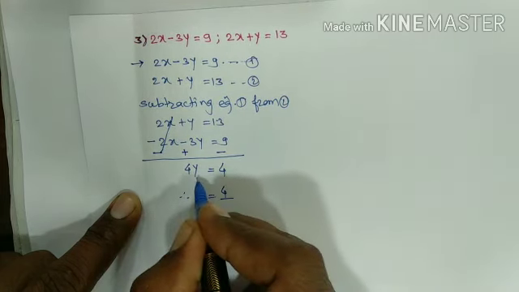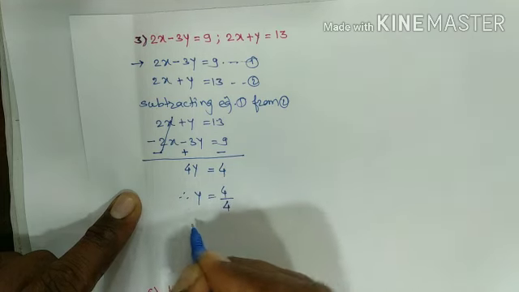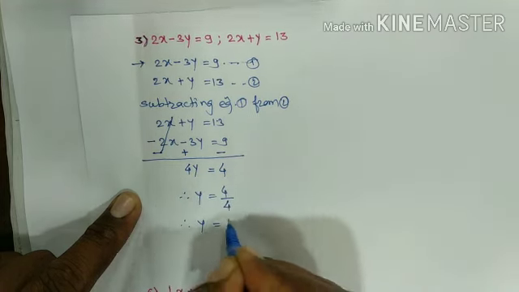हे 4 into y आहे, साईड चेंज केल्यावर हे डिवाइड बाय होईल, therefore y equals to 1.